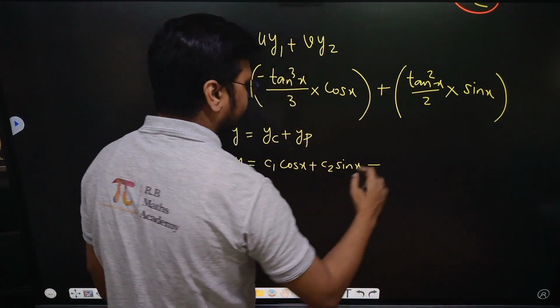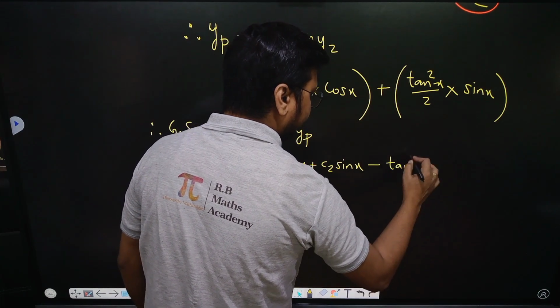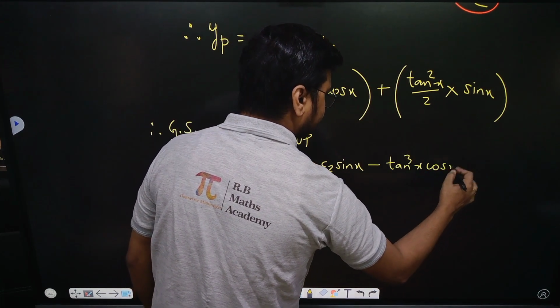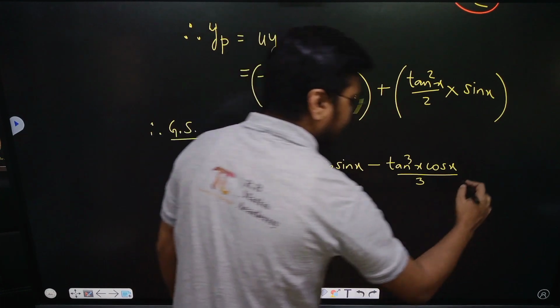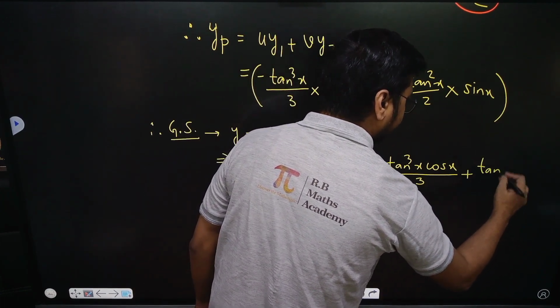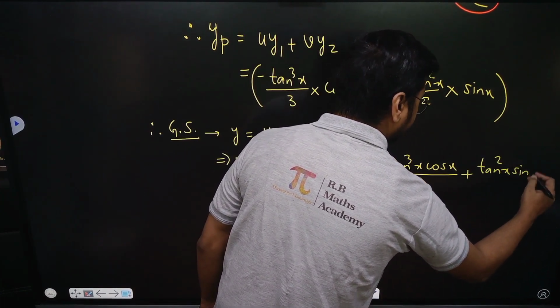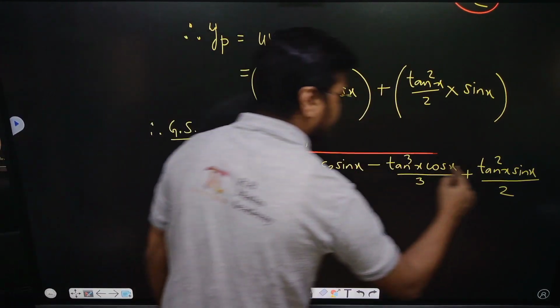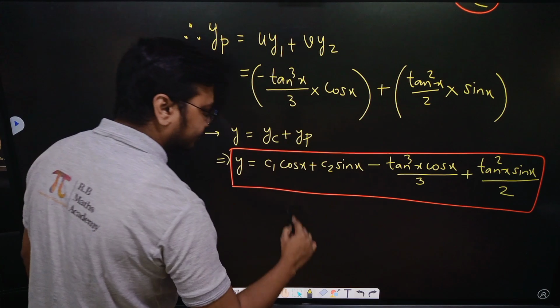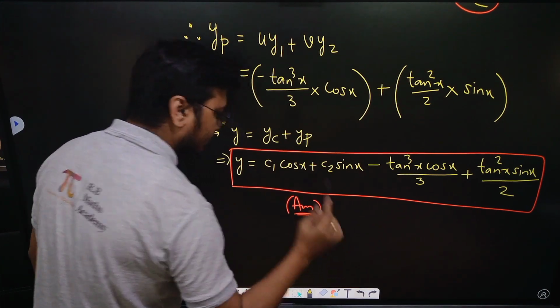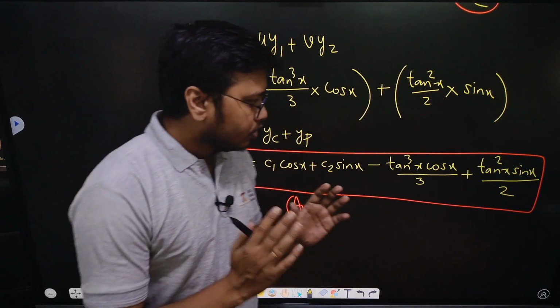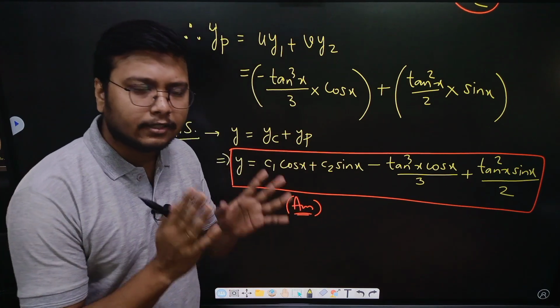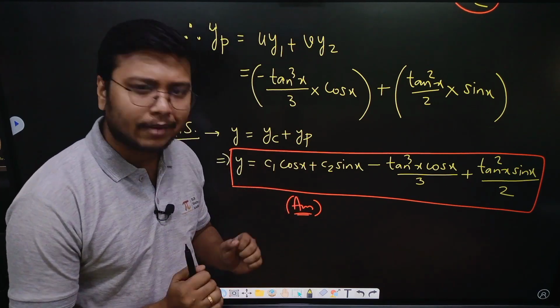So that's going to be minus tan cube x cos x by 3 plus tan square x sin x by 2, and that's our final answer. Okay. So that's how we have done the first problem using variation of parameters.